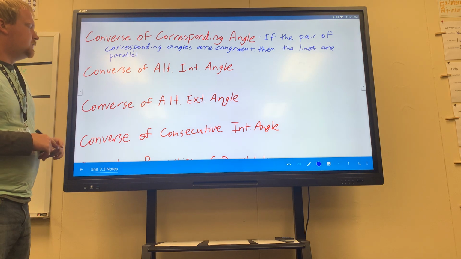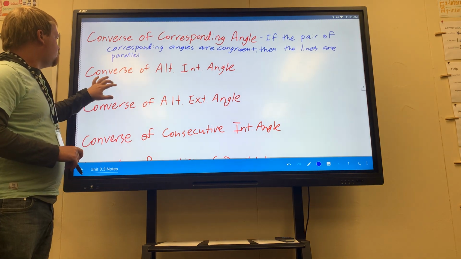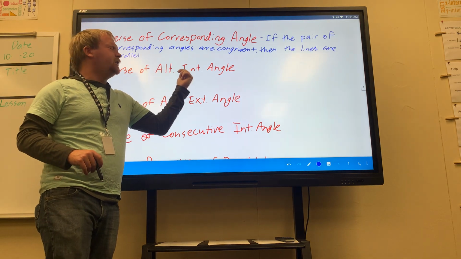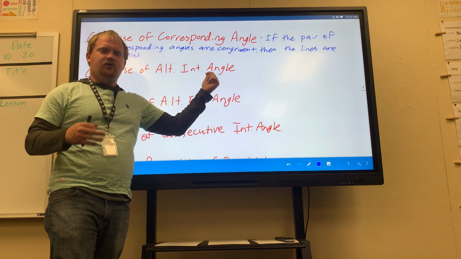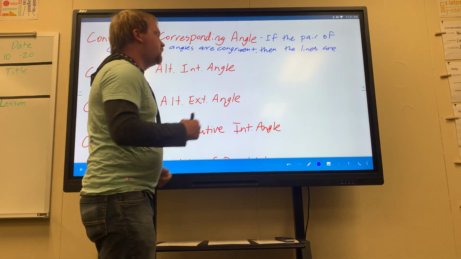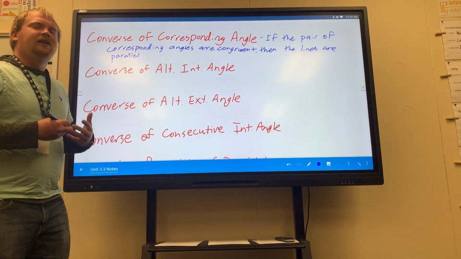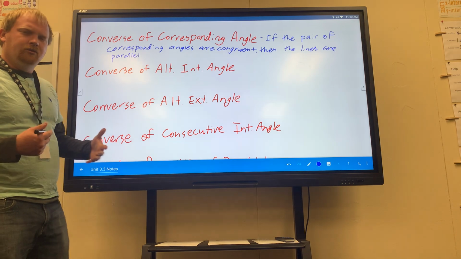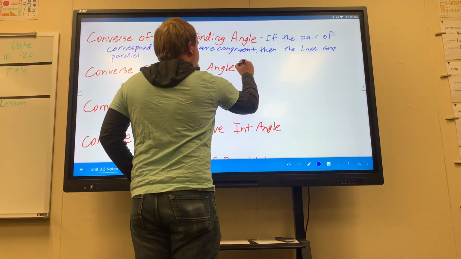Okay? I switched them. Now I can do the same thing with the converse of alternate interior angles, and it still works out the same way. The only difference is that now the pair of alternate interior angles are congruent, then the lines are parallel.